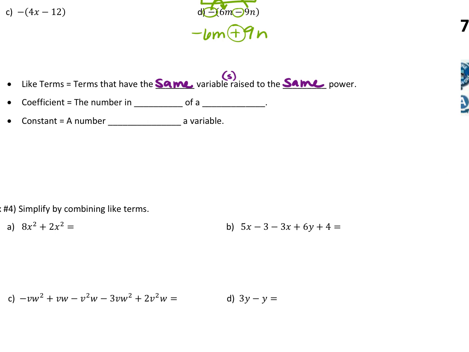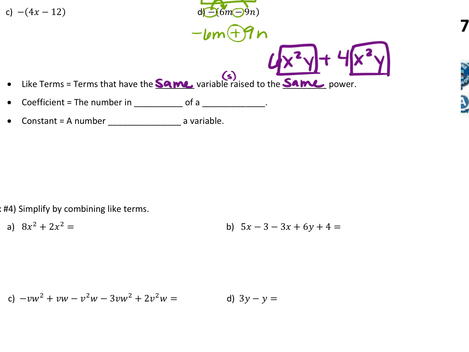So it would be like 6x squared y plus 4x squared y. If these are not identical, then they are not like terms. The numbers don't have to be the same, but the variables and their powers have to match up perfectly. You with me back there? So that's like terms.